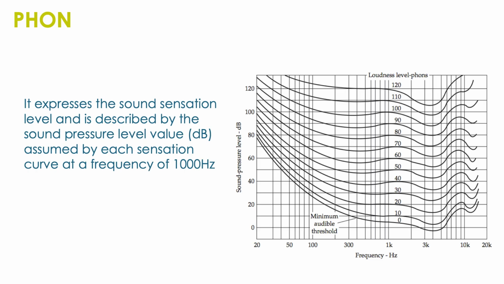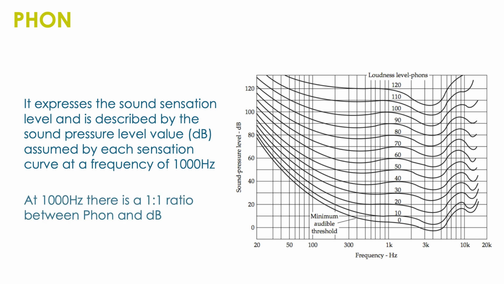For this reason, we now introduce the concept of the phon, which standardizes sound sensation level based on the dB value at 1000 Hz. At 1 kHz, the number of phons equals the sound pressure level, SPL, in decibels. For example, a 40 dB SPL 1 kHz tone is perceived as 40 phons, so there is a 1:1 relationship.